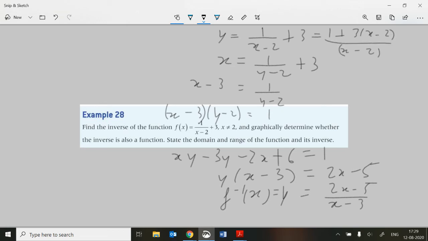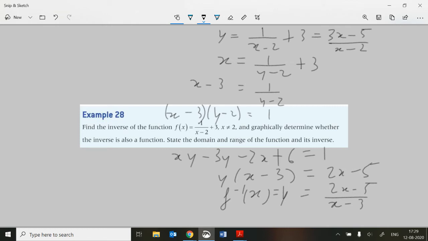I'm just combining a couple of algebraic fractions there. And because I'm running out of space, I'm doing that all in one, which is a bit naughty. So I'm going to end up with 3x minus 6, and then plus the 1 gives us minus 5, divided by the x minus 2. Okay, so I've just combined some algebraic fractions there.